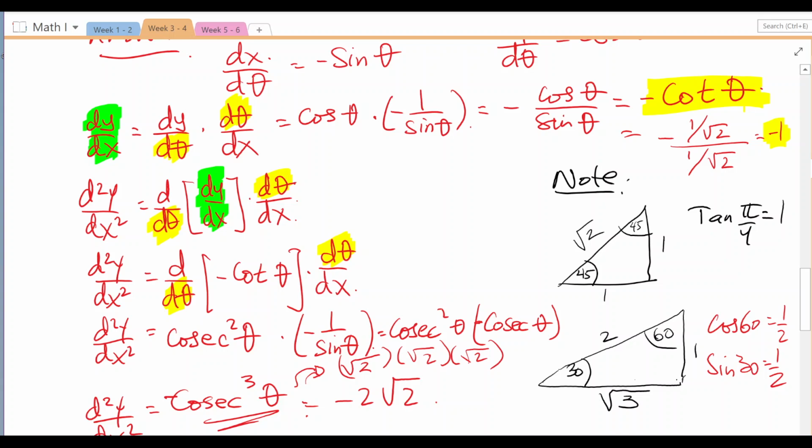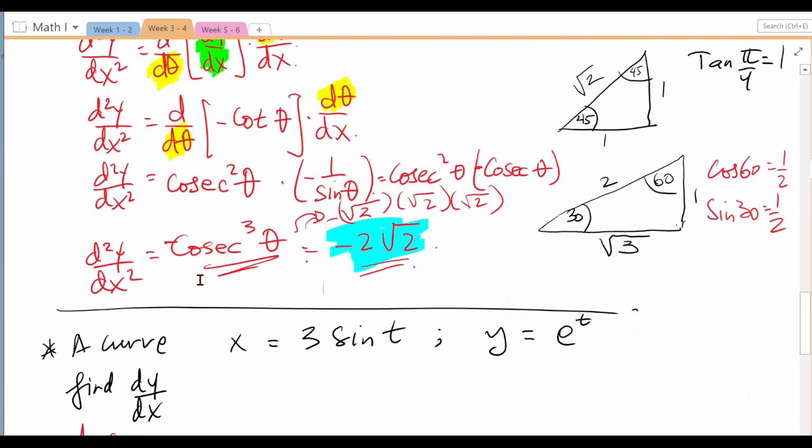This is a negative, so negative times negative is positive, times negative again, so you have negative 2 times square root of 2 as the answer. So that's the answer for the second derivative: negative cosecant cubed theta.